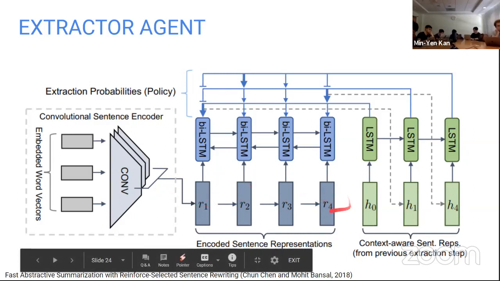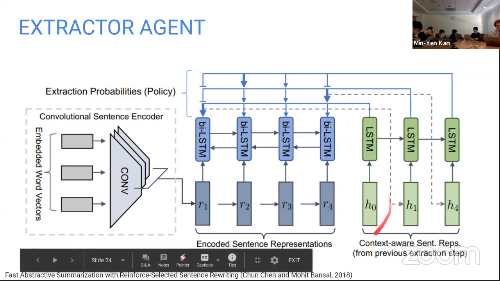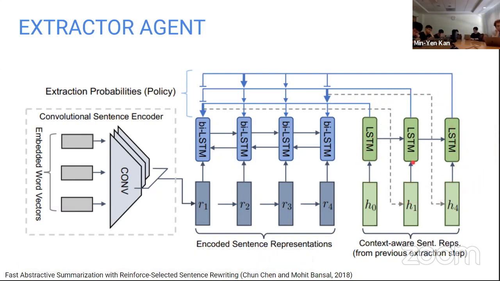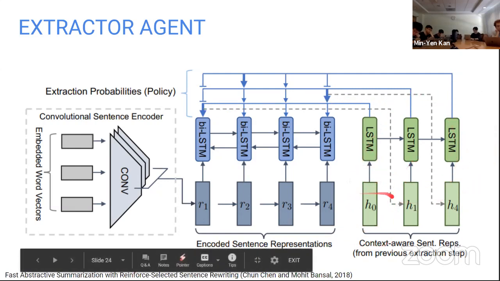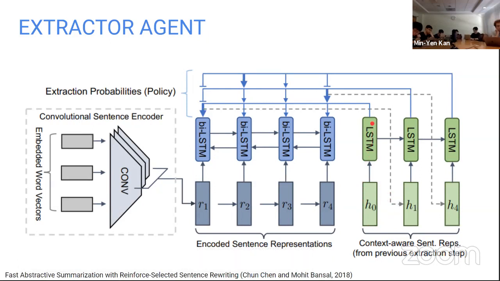For the sake of this example, think we have 4 sentences in our source document, and now we have a sentence encoding for each of them. Then we feed these into a BiLSTM to get a context-aware sentence representation, which we call H0. So you can think of this blue part as the encoder, and the green part as the decoder. After you get your context-aware sentence representation, you feed it to the decoder to get a summary sentence.